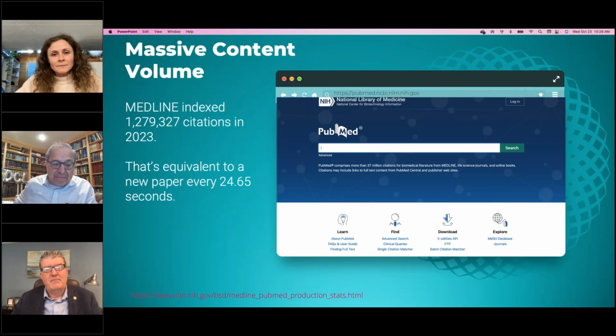Medline in 2023 had 1.25 million citations. So this is so much. I love the every 24.5 seconds you're getting a new paper out there, which is incredible. But there are so many authors now that there's no way there's a personal touch anymore, and it probably seems very anonymous.